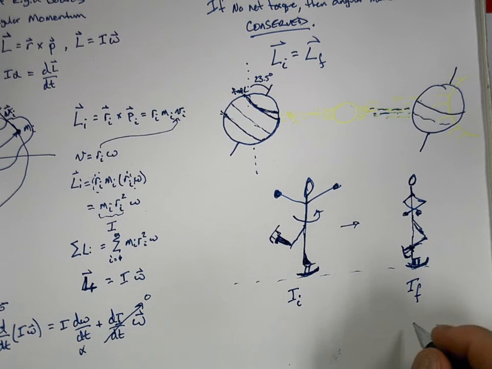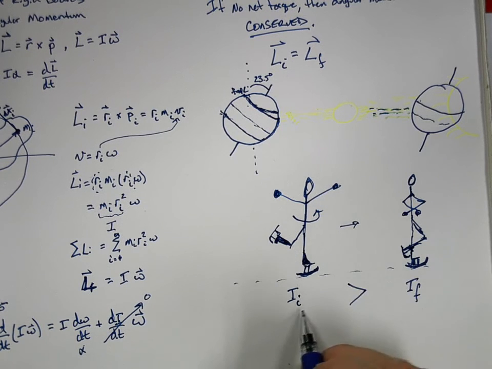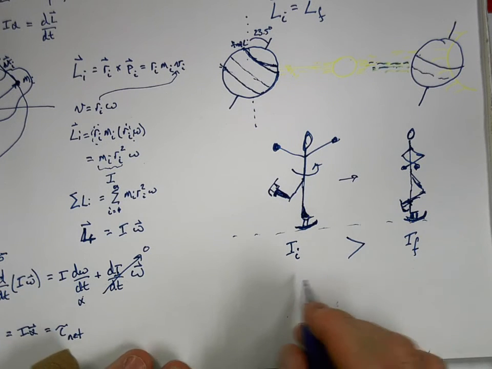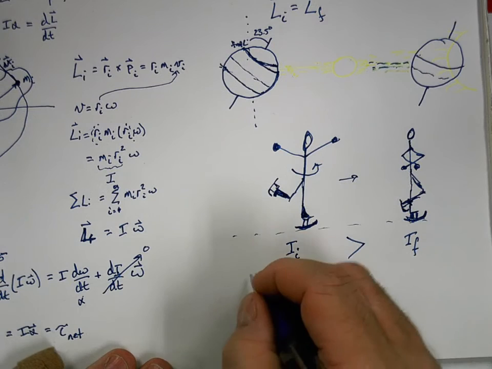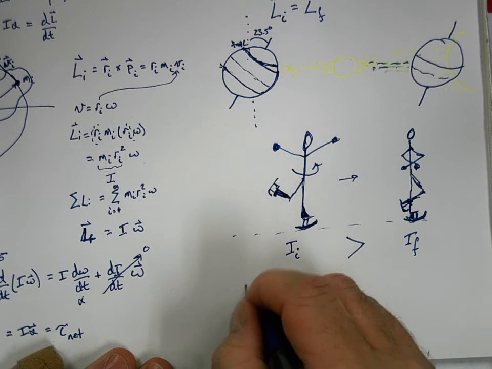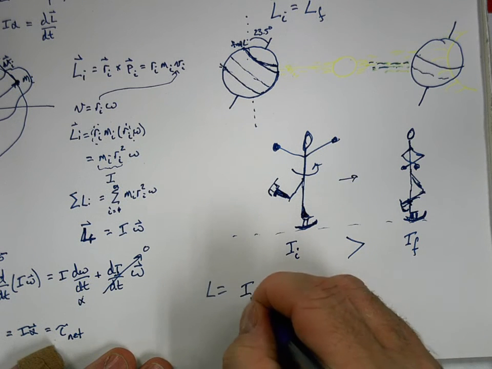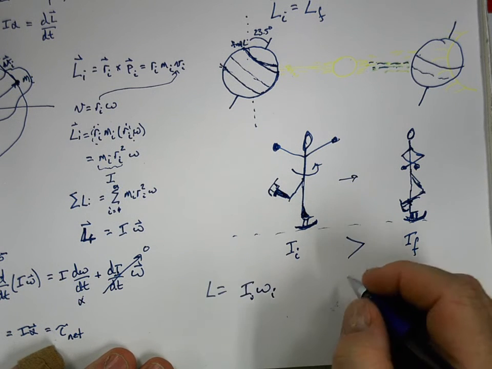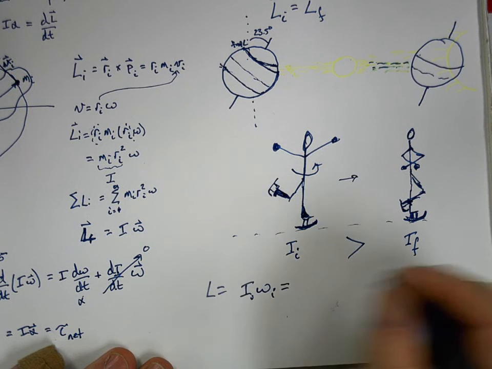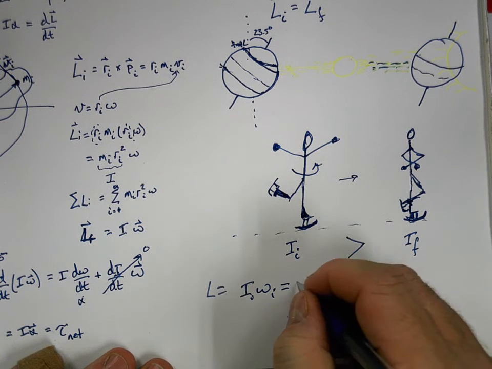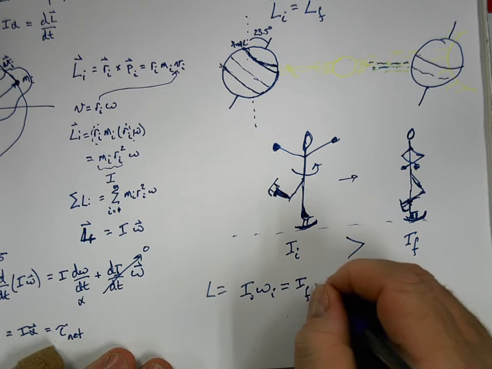And because this one is greater than that one, look what happens to our conservation of momentum. If we have our initial L equals I omega initial, and that's also going to equal, because there's no other forces, let's assume that the friction is negligible on the ice, I final omega final.